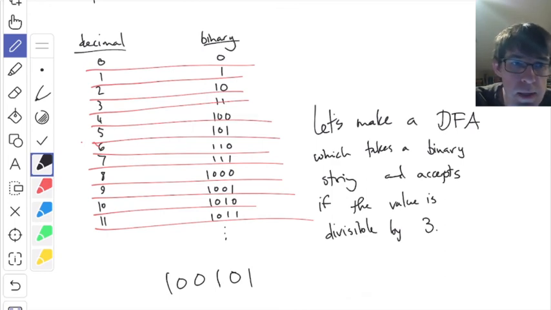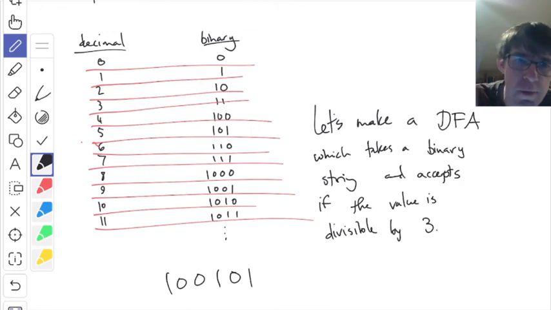Really, the only way that I know how to do this is convert that number to decimal and then use some kind of knowledge that I have about which decimal numbers are divisible by 3. When I was a kid, I learned how to tell if a number is divisible by 2 or 5 or whatever. There are tricks for that. Did any of you learn how to tell when you were a kid if a binary number is divisible by 3 or not? The answer is no, you didn't. There's no reason for you to have. And actually, I don't even know if there is a simple trick.